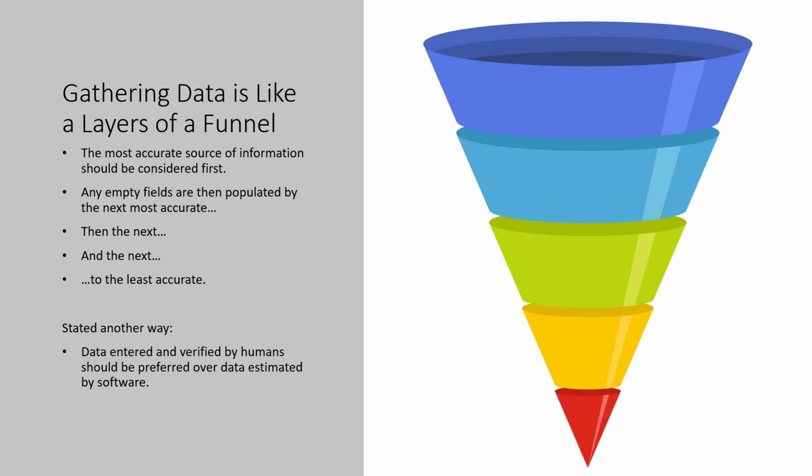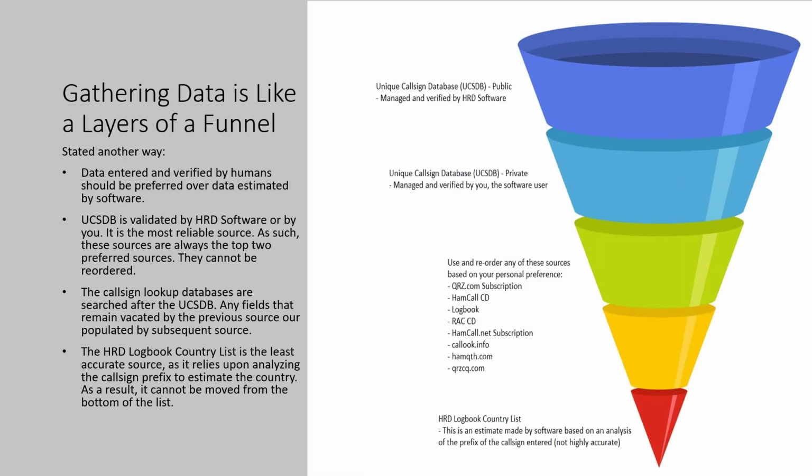But stated another way, any data that is created by human beings is, or should be, in this scenario, more accurate than data that's estimated by the software. The UCSDB, or the Unique Call Sign Database, is a source that's validated by us.